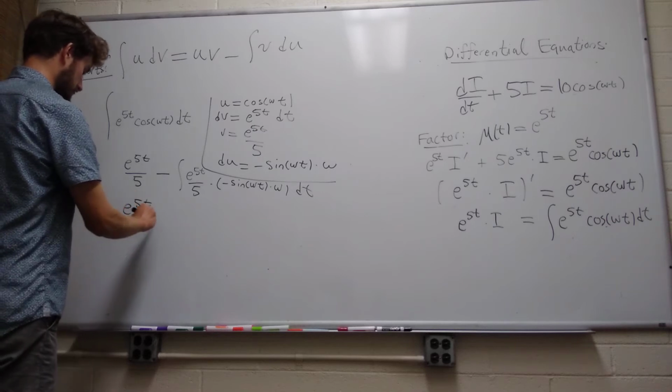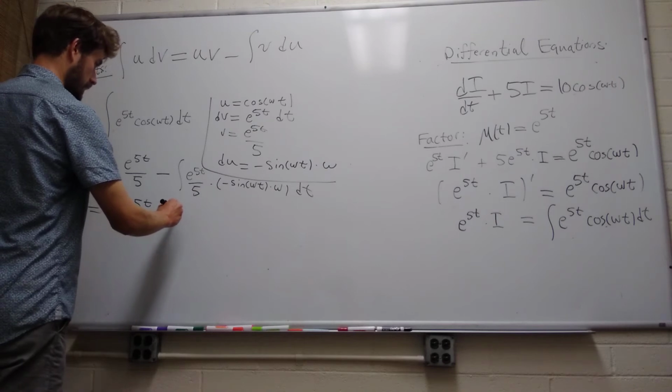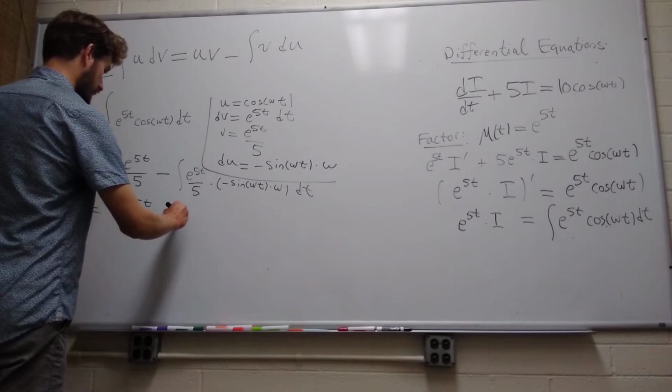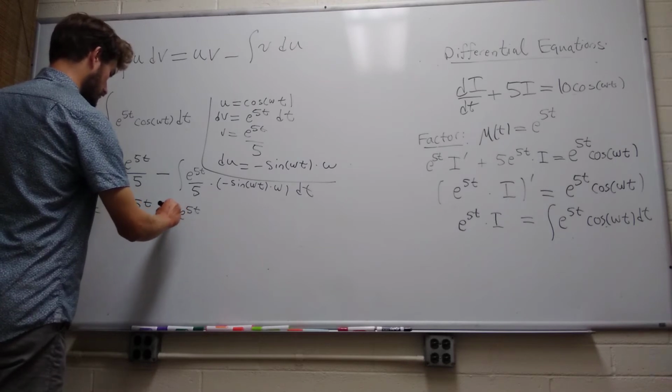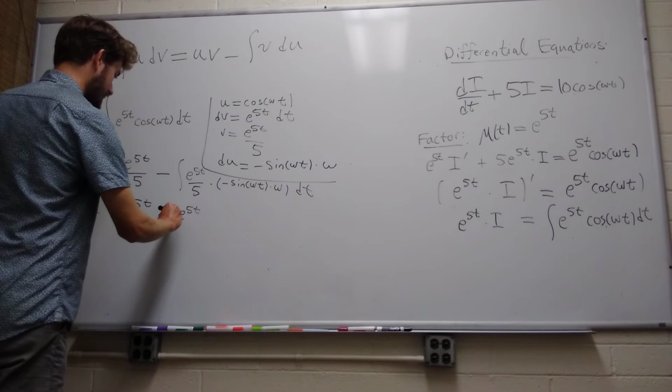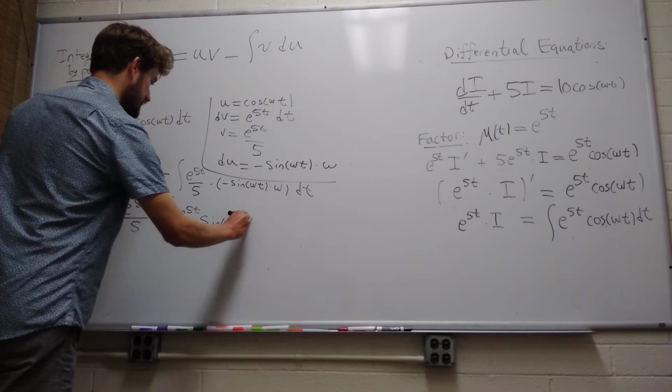So we get e to the 5t over 5 cosine omega t plus the integral of omega e to the 5t over 5 sine omega t.